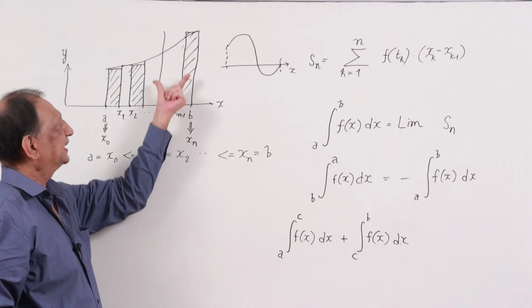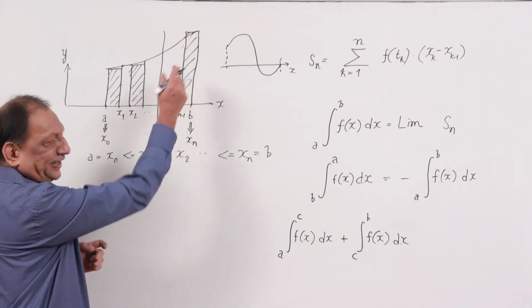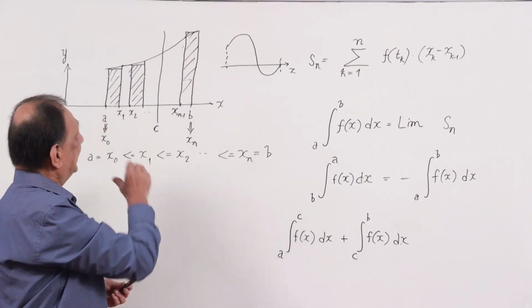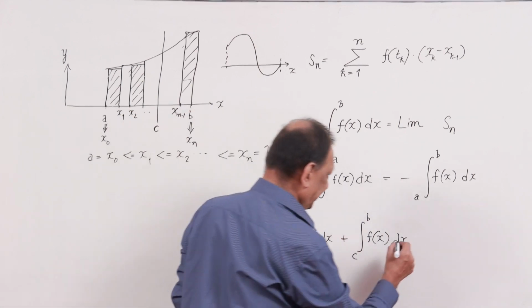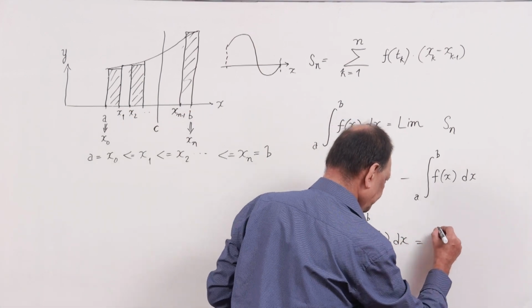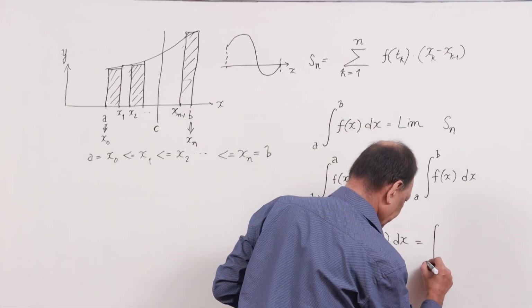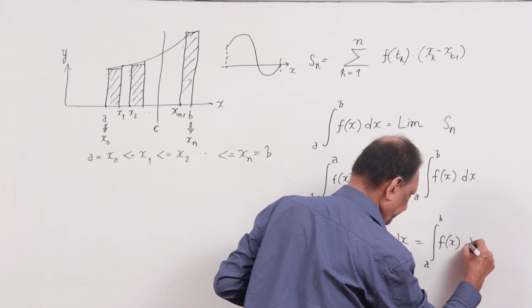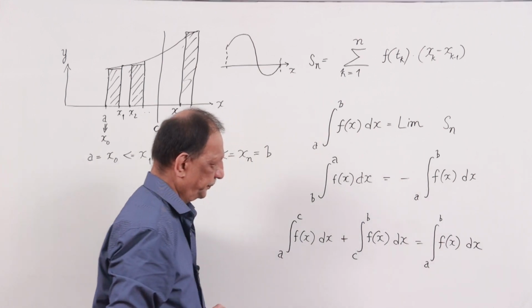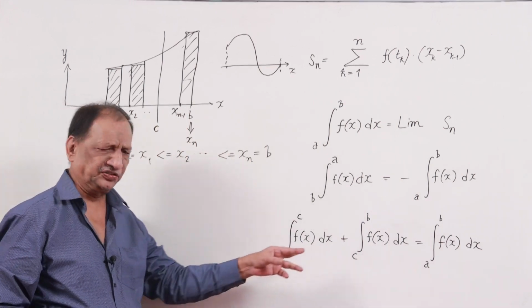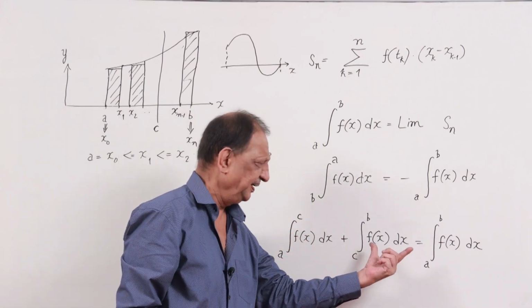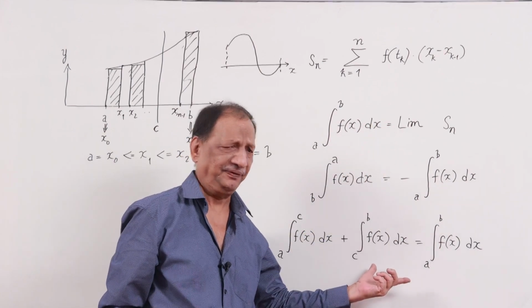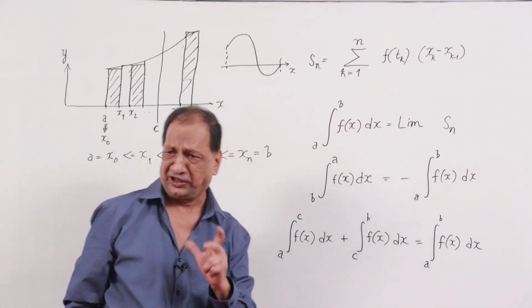So there is another area. If I add these two areas, geometrically it is obvious, I must get the total area. So this must be equal to A to B. You can call this also a convention, or you can say this is correct. You can take it as correct. So that is one other aspect.